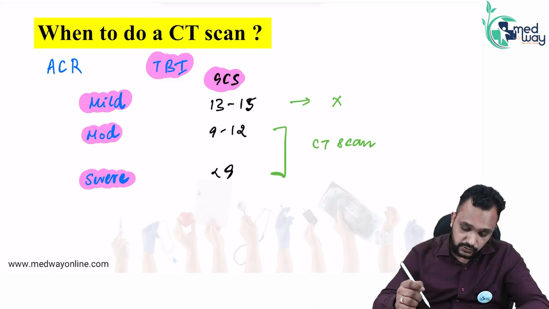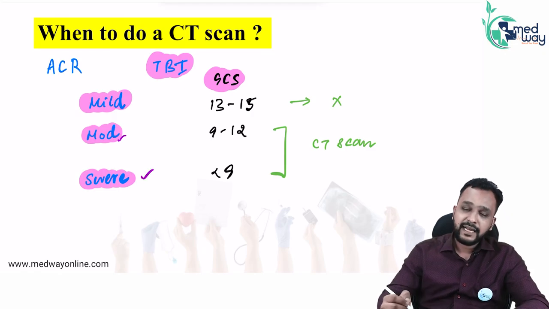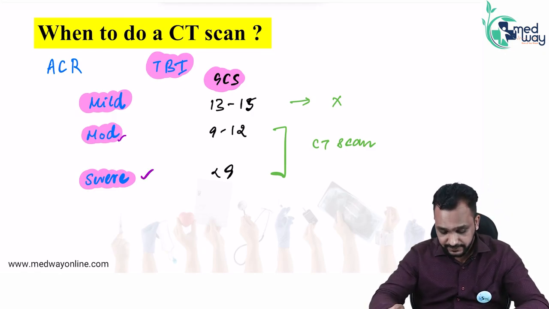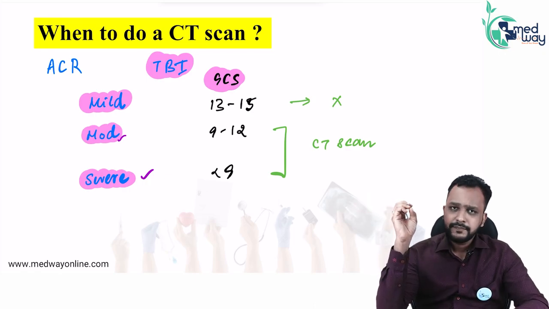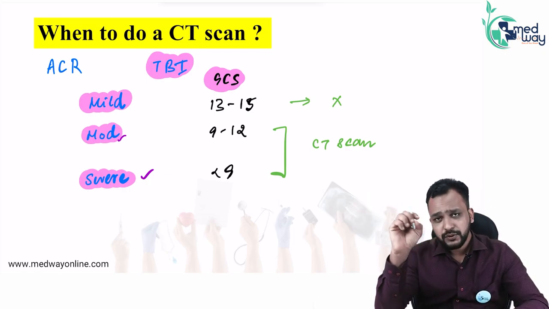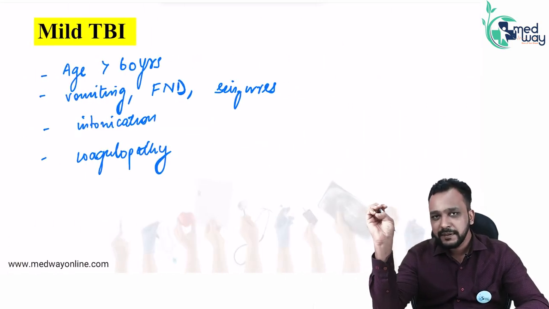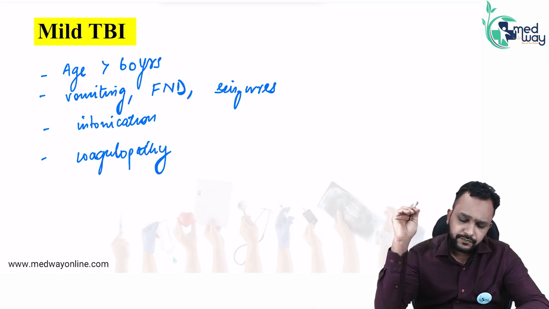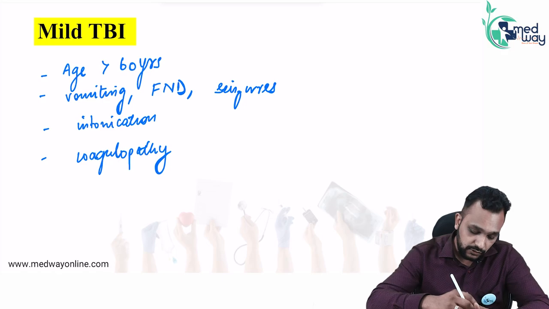So according to ACR, you are going to get a CT scan done only in patients with mild and severe traumatic brain injury. Sorry, in moderate and severe traumatic brain injury. In mild, you are not going to get a CT scan done. But there are few cases in which you will get a CT scan done in mild traumatic brain injury also.